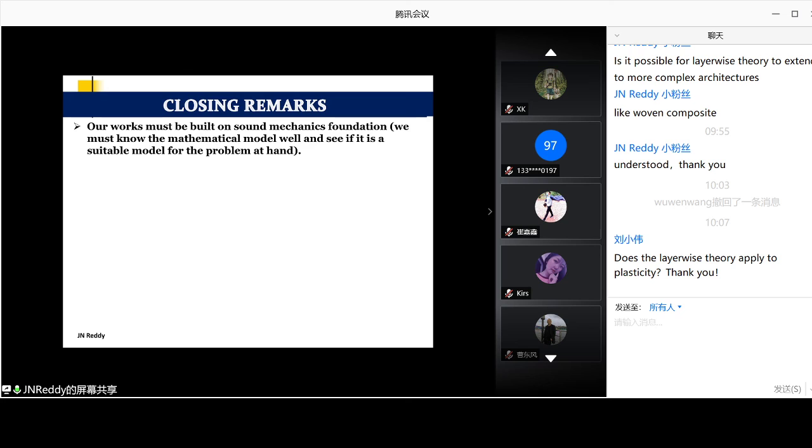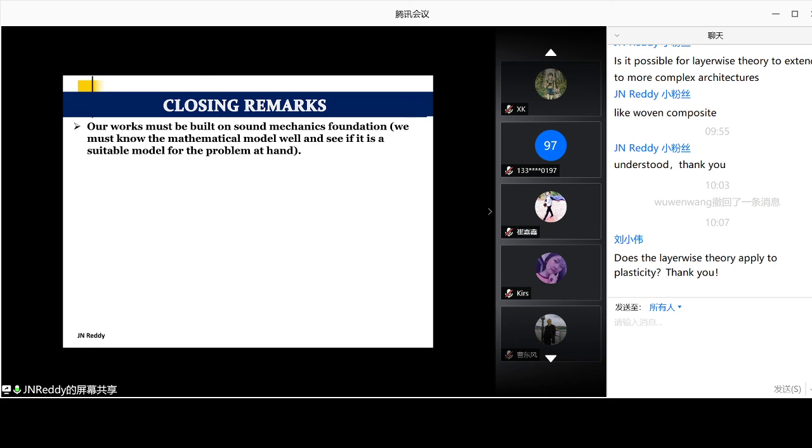You should not just think, oh, I'm going to just model it. The models you develop are always based on some assumptions. So you must make sure that the model is capturing what the actual structure is, and that the model is representing the response. So it is important.